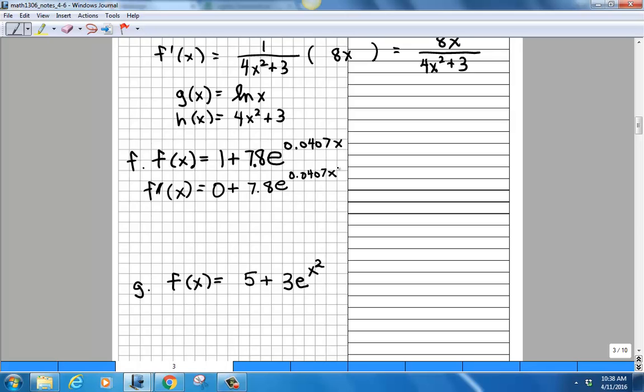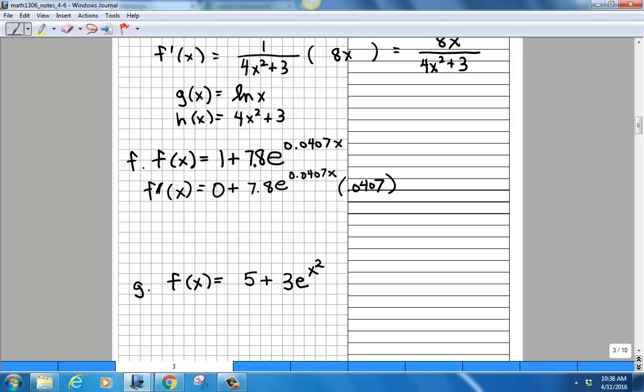That's right. So we have to multiply by 0.0407, and that is the final rate of change. Just multiply by the rate of change of the exponent.